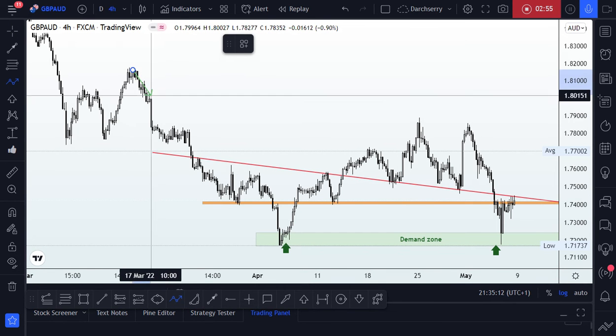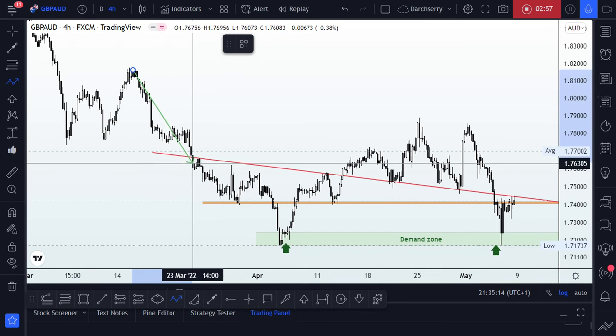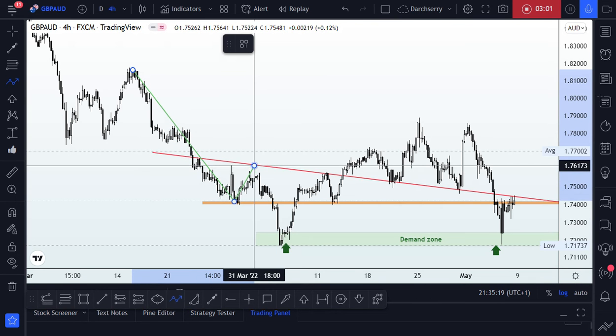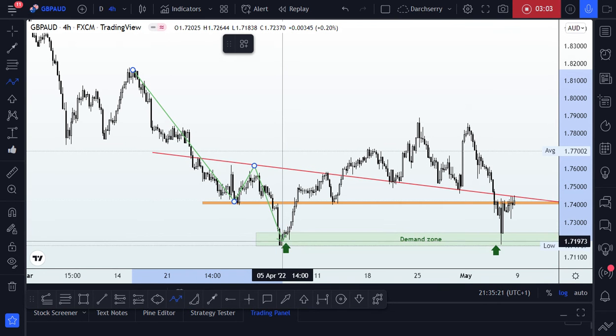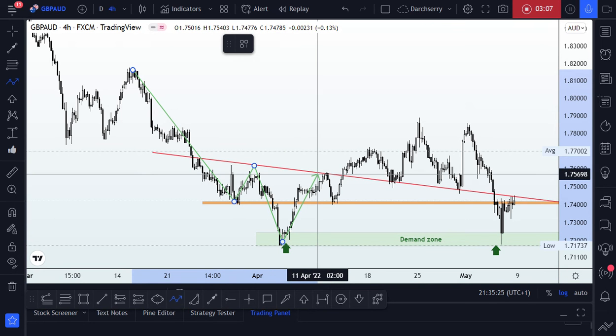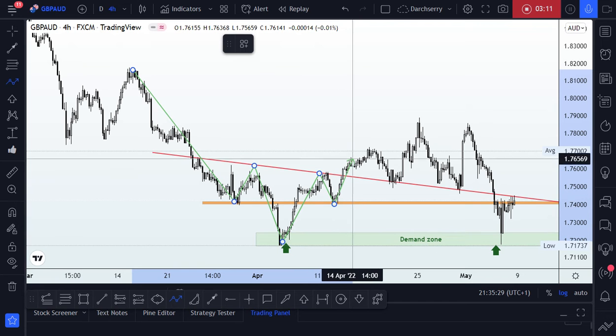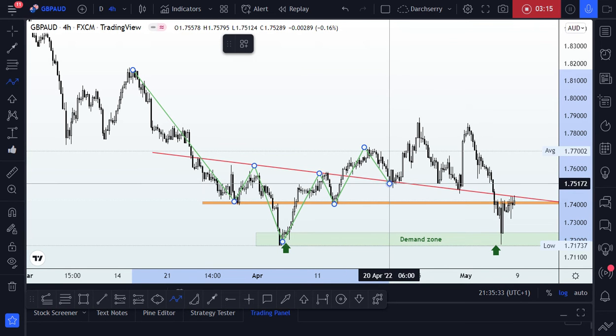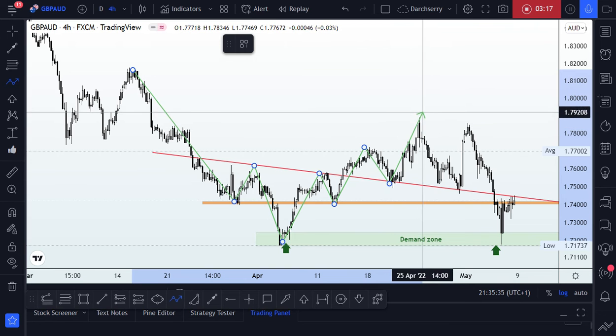And if you look at what happened here, we had the breakdown of this trend line. We had a retest of this trend line. We had a breakdown, giving us a sign that probably sellers are still strong. But in mid-April, we had a quick breakout of structure of that trend line, a retest into the trend line, then a trend continuation to the upside.